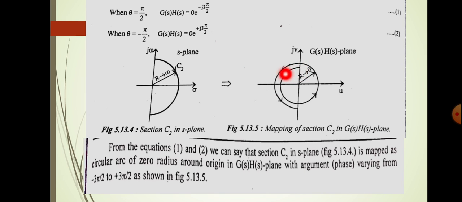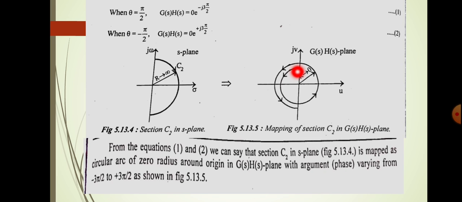So we can start from here. You can go either in this manner or in this manner, and see here this is in the clockwise direction. So when we are plotting the g of s into h of s plane, we have to go in the anti-clockwise direction. This is in the clockwise direction, so we have to go in the anti-clockwise direction. That is why it is drawn on this side.